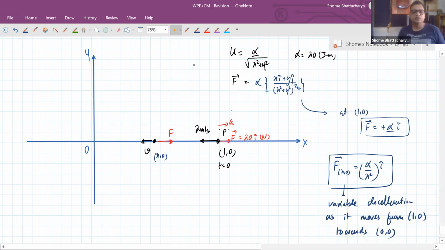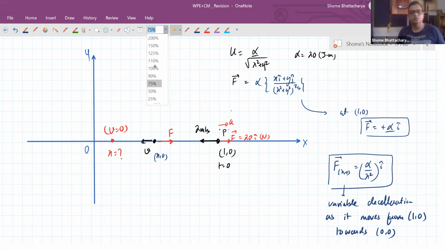So if it finally comes to some coordinate and stops, between the initial position and this final coordinate, we can apply the work energy theorem.